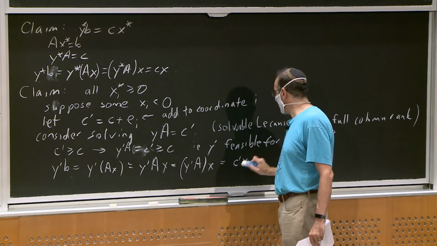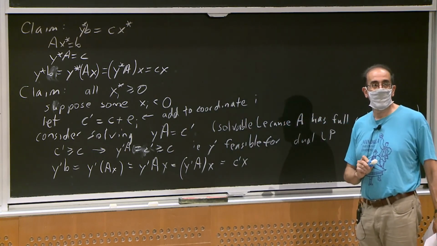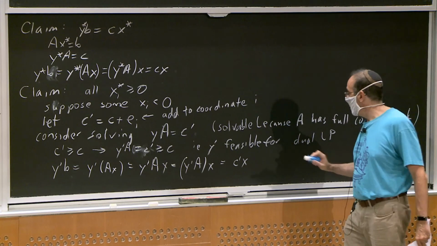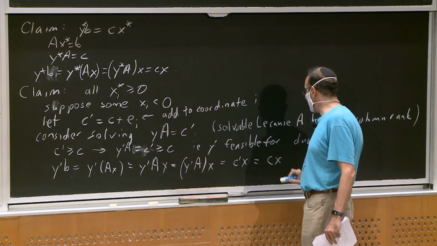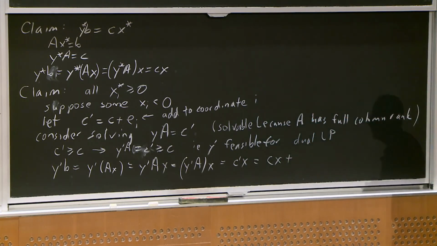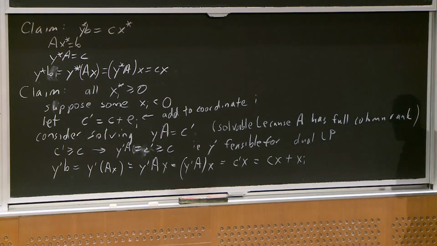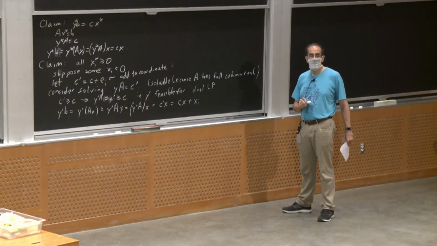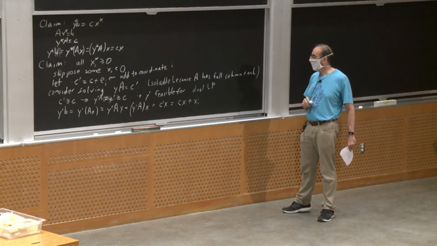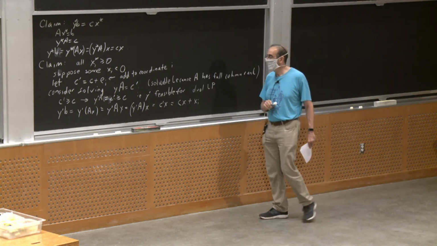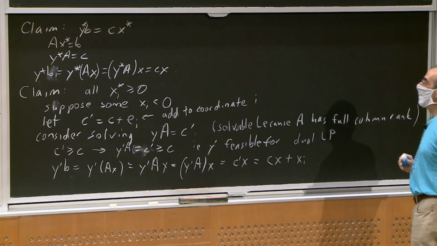Which is equal to c prime times x, right? Which is equal to cx plus what? Yeah? xi, right? Because the only change in c prime is that we added to ci, right? But what do we know about xi?